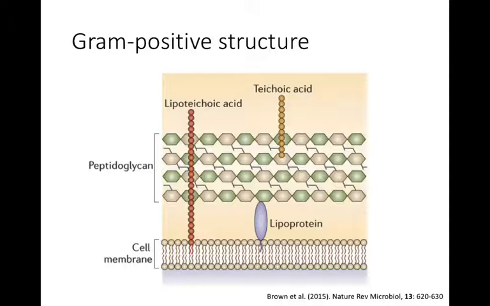But what the iodine does is it starts to create larger complexes and basically locks the crystal violet into place within the peptidoglycan. So you can think of the iodine here as a linker, taking 2 molecules of crystal violet and somehow linking them together so that they become locked within this thick mesh of the peptidoglycan.